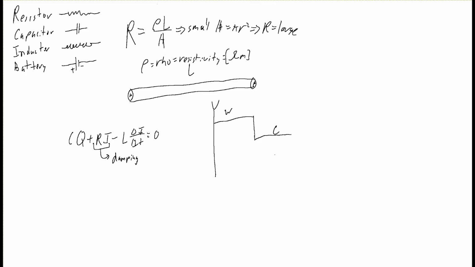ASUS has done a poor job of implementing this, and there's not enough resistance in the circuit to damp out what happens next. It will come straight down, past what it wants, back up again, up and down, and it'll ring out. The CPU says, I don't like this up and down business, and it freaks out and stops. It immediately locks up. This has happened to myself, and also Linus Sebastian at Linus Tech Tips.